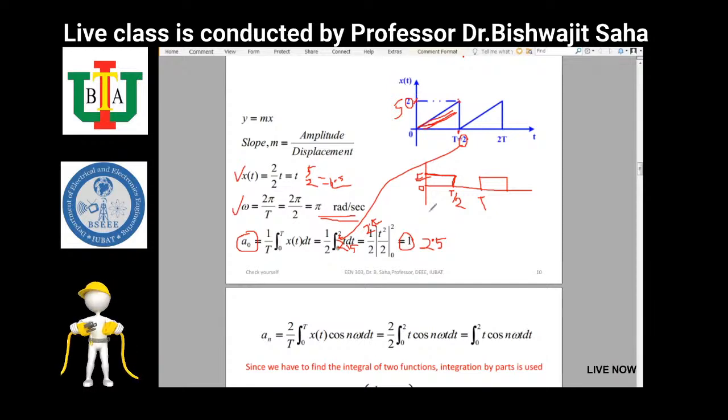Okay, sir. That is the message. So in the viva, I may ask: if the amplitude is 10 volts, what will be the DC value? You must answer. 5, sir.